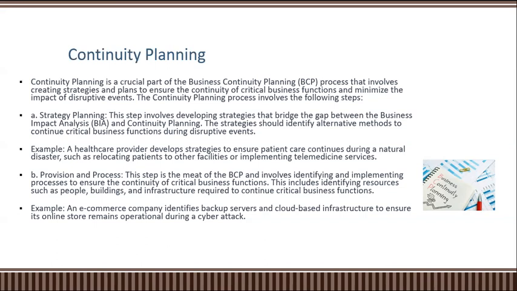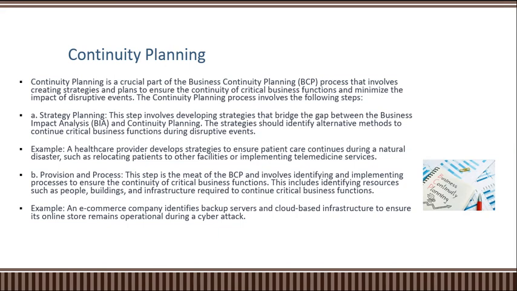This step involves developing strategies that bridge the gap between the business impact analysis and the continuity planning. The strategy should identify alternative methods to continue a critical business function during a disruptive event. Example, a healthcare provider develops strategies to ensure patient care continues during a natural disaster, such as relocating patients to another facility or implementing telemedicine services.